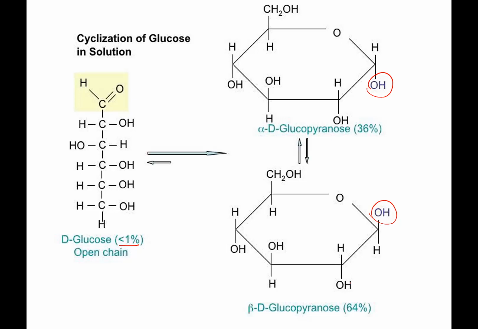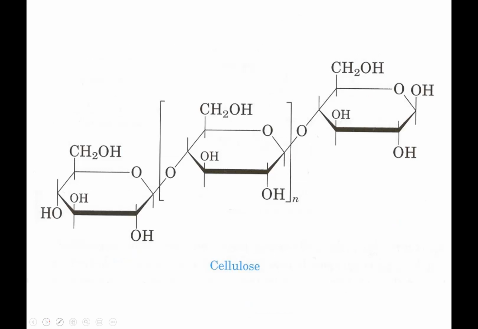This is a huge difference, though. Having it beta versus having it alpha can mean complete reactivity or no reactivity with a sugar, or in this case an aldohexose. You can link these rings together to form cellulose. Remember, all cellulose is linked glucose molecules.